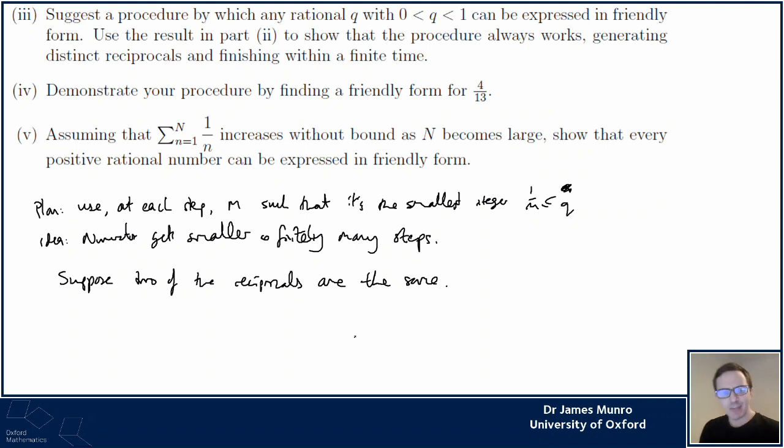At some point I took off 1 over m, and then later in the process I took off another 1 over m. It feels to me like I wasn't being greedy enough early on. I could have taken off a larger chunk.